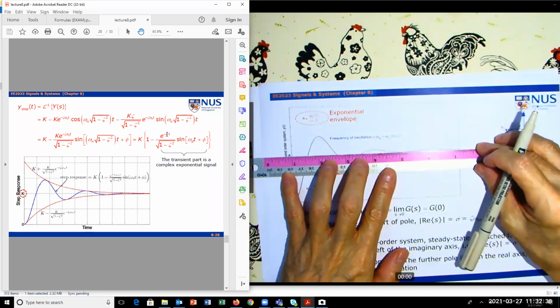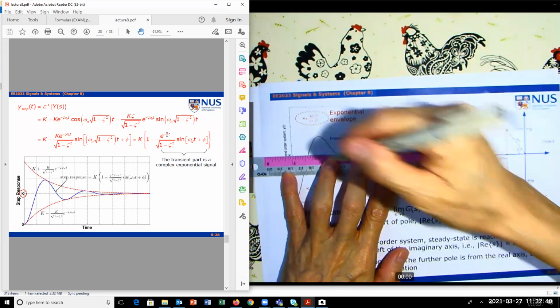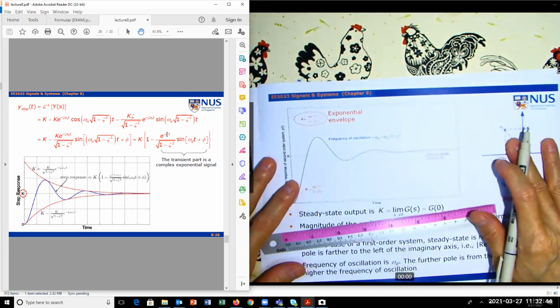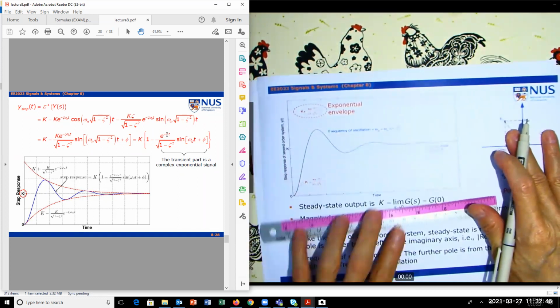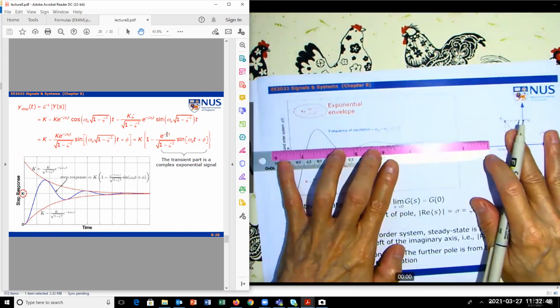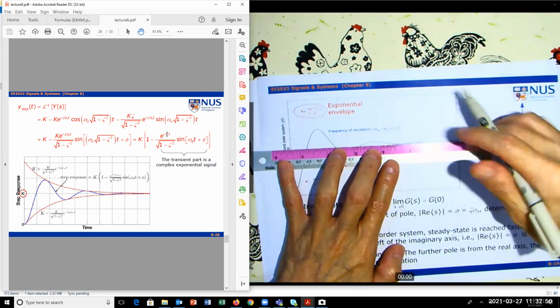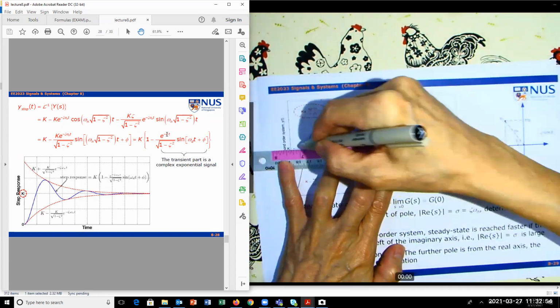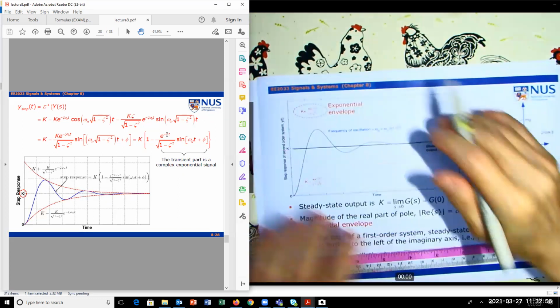This is the steady state. I drew it not too dark because we're going to draw over it afterwards. Can you see it now?